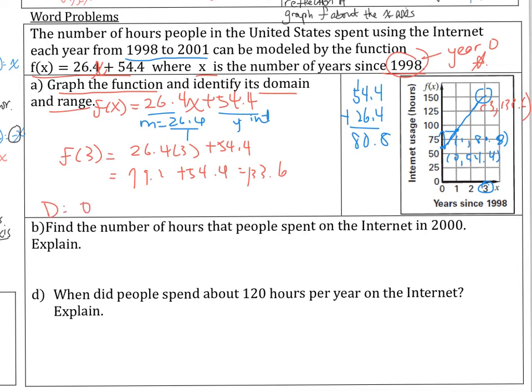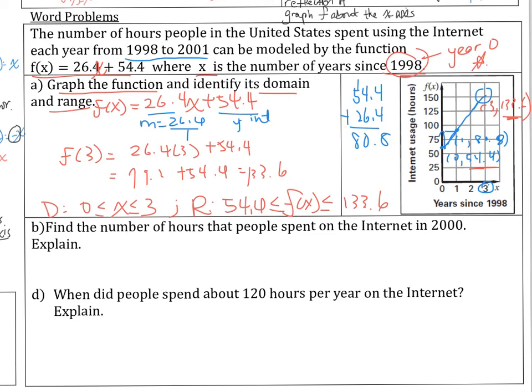And now we can write our domain and range. The domain would be 0 inclusive, okay, and 3 inclusive. Range, so here 54.4 to 133.6.